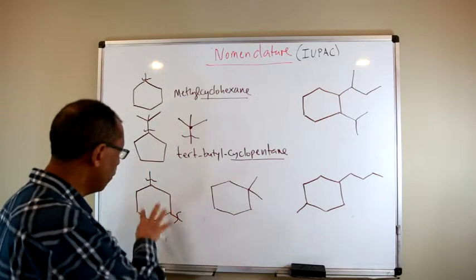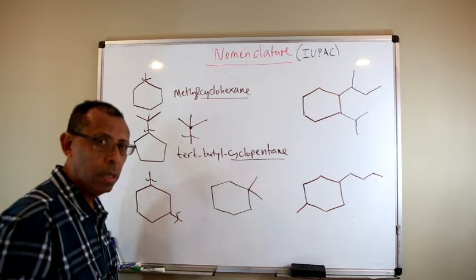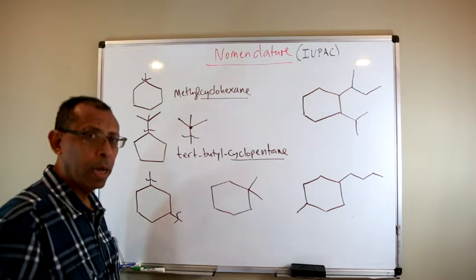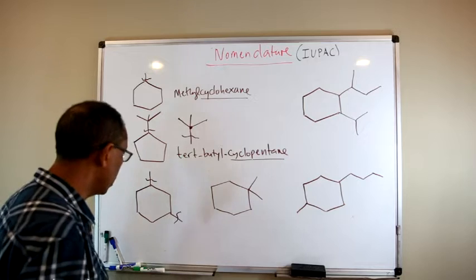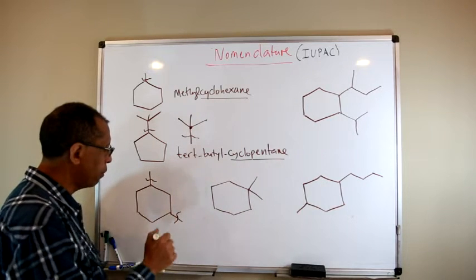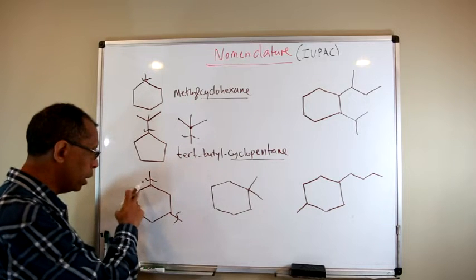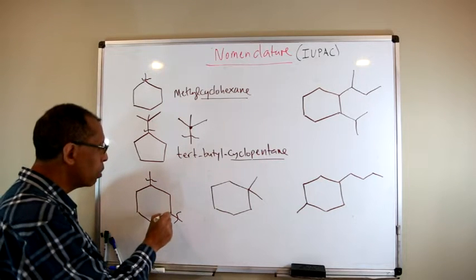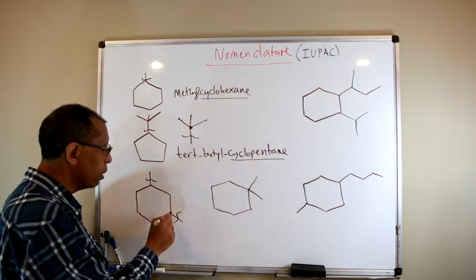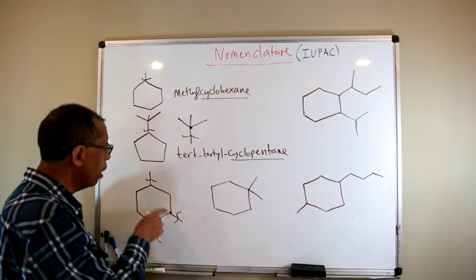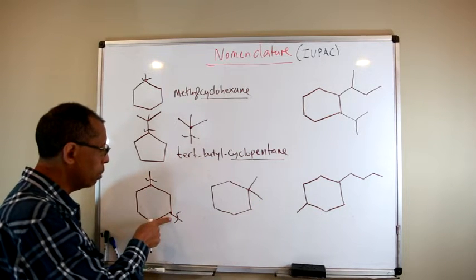Here we have 2 substituents on the ring. So now you start numbering the substituents. You always have to go through the one which gives you the smallest designation of carbon. If you say this is carbon number 1, because they are the same, it doesn't matter which one is carbon number 1.